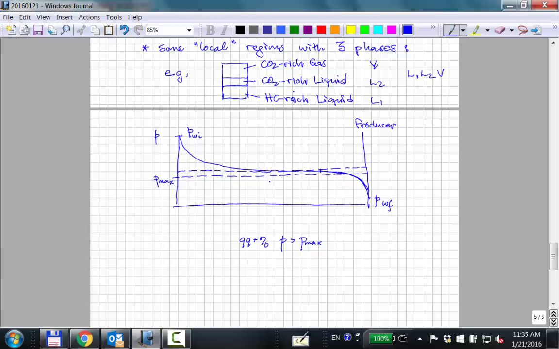But even though it's not first contact miscible, the recovery efficiency will be very high near the producer, because the producer will see many, many pore volumes of gas flowing through it. So you basically want a good chunk of the reservoir at pressures above this minimum miscibility pressure to guarantee a miscible displacement.